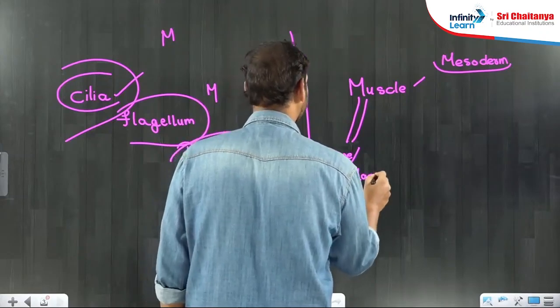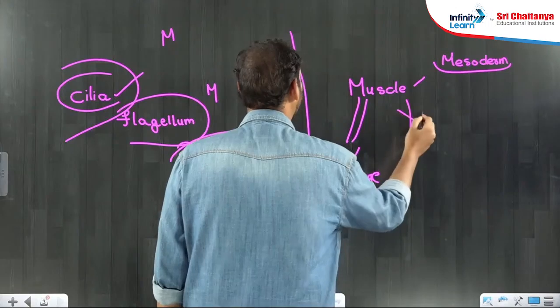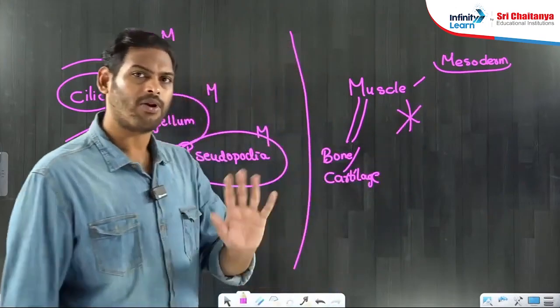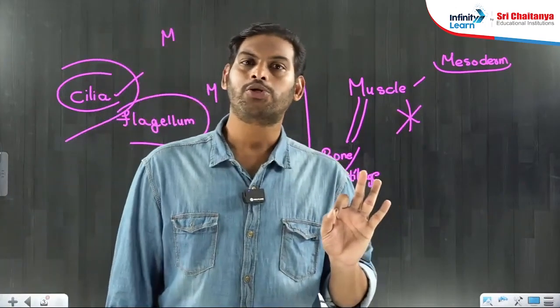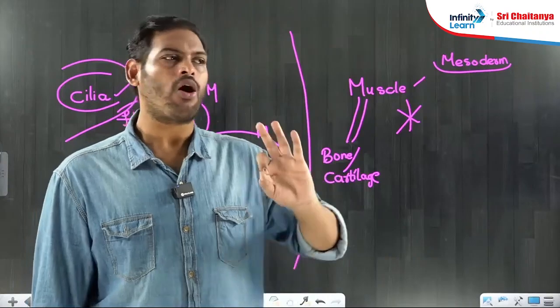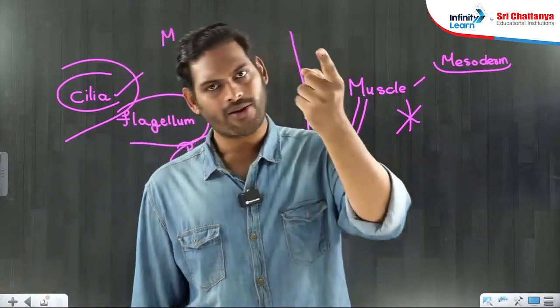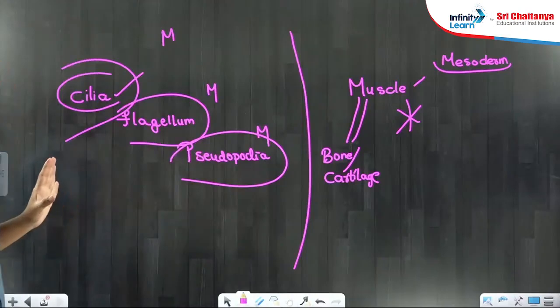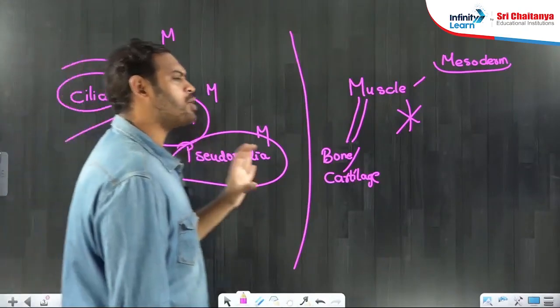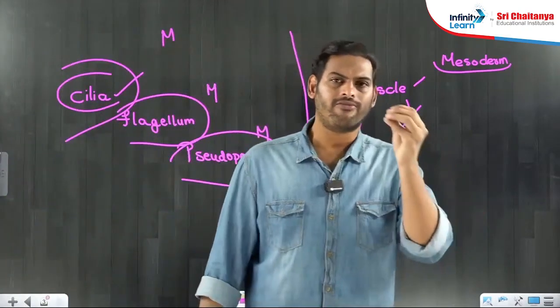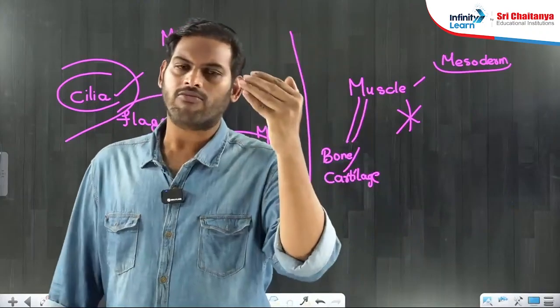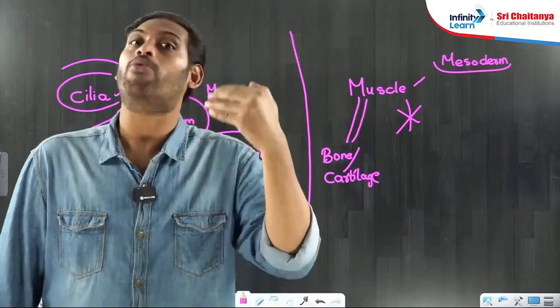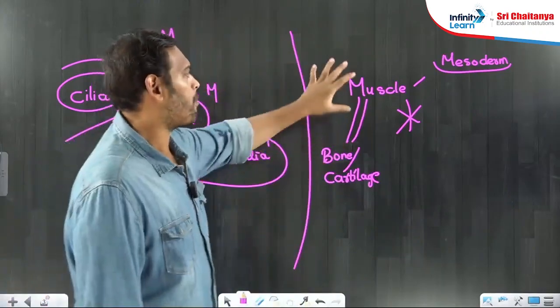If a muscle is not attached to bone or cartilage, it may not listen to you. Such muscles will be automatically controlled by your brain. So the specialized mesoderm-derived tissue responsible for movement and locomotion of your body is muscle tissue.